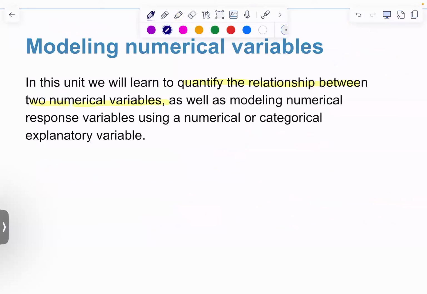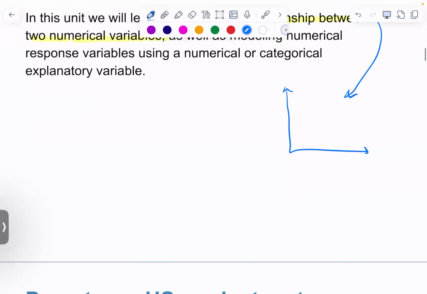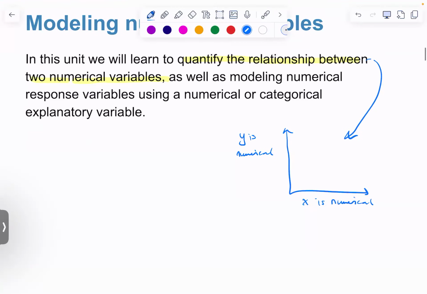Which means that this scenario, two numerical variables would look like this. Y is numerical and X is numerical. Okay. That's where most of our efforts are going to be focused.